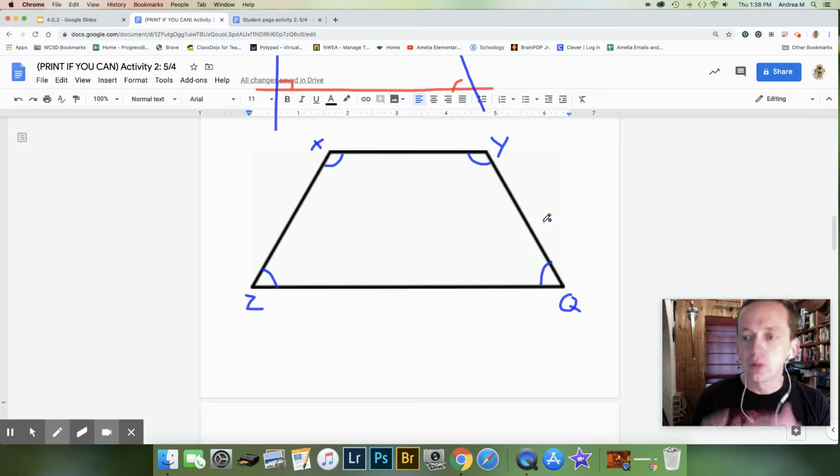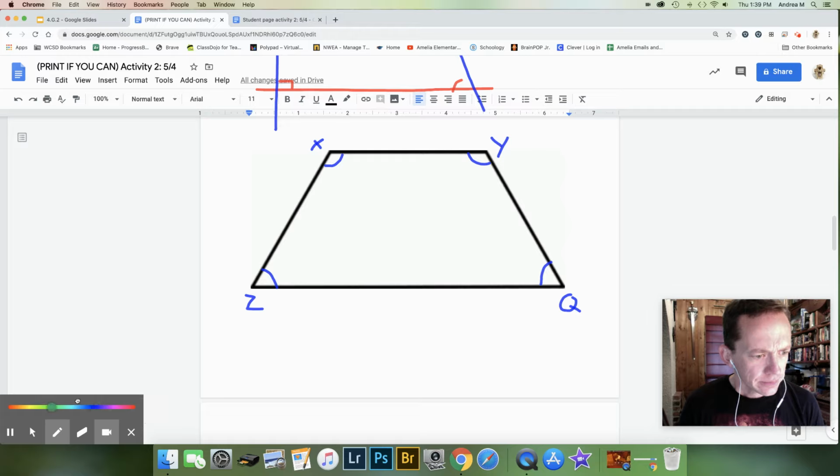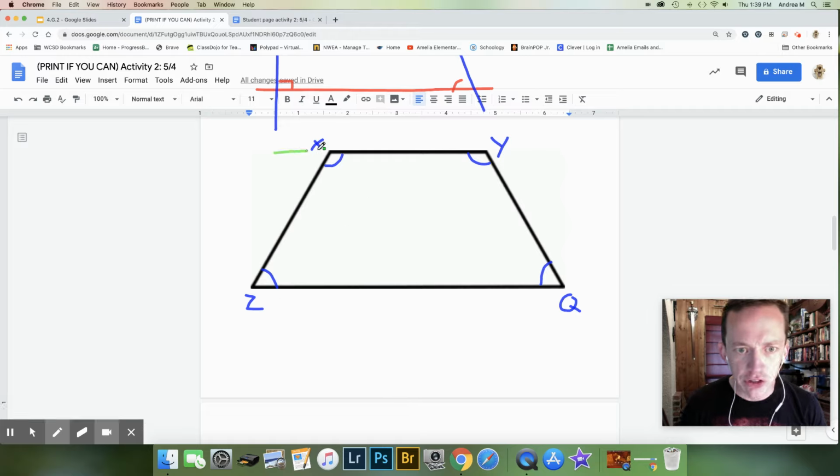But what I really, really want to look for: do you see any parallel lines? I'm using that kind of loosely here, lines in this shape. Is it XY? Is it ZQ? Or is it YQ or XZ? All right, so if I drew this one here, I want you to see that XY and ZQ are parallel to each other.